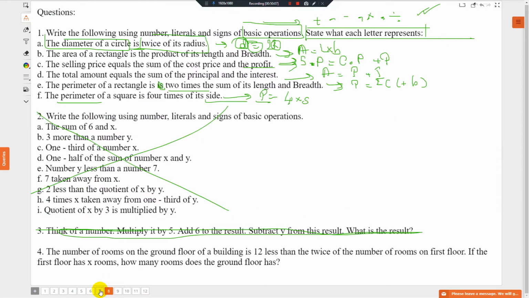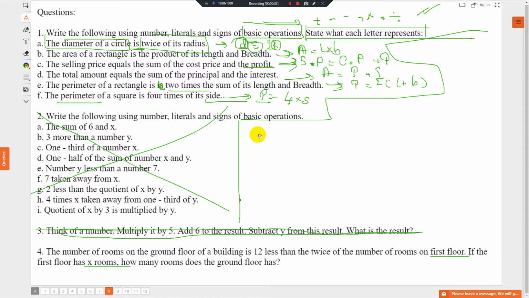But here, when they ask for rooms, we just have to find the rooms, not marks.